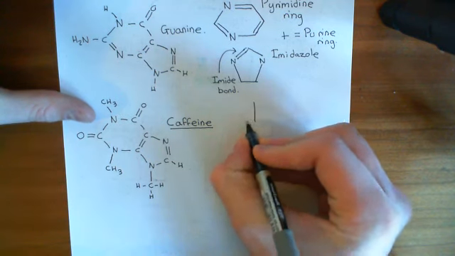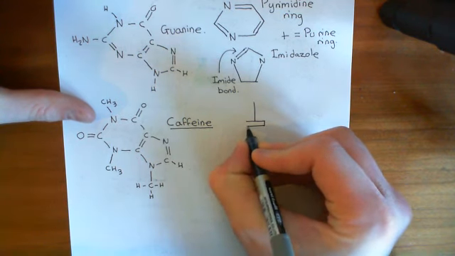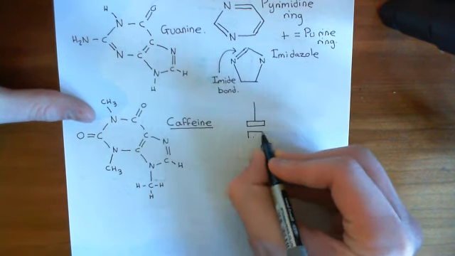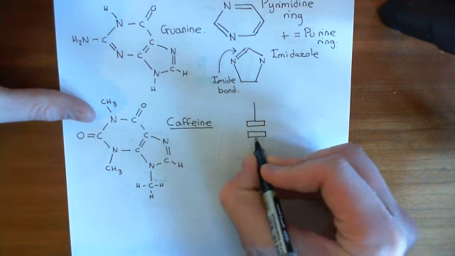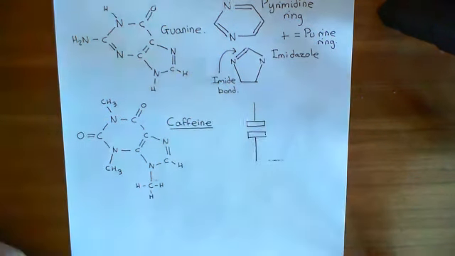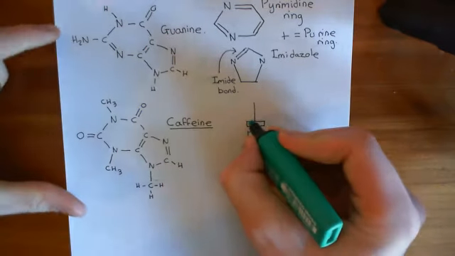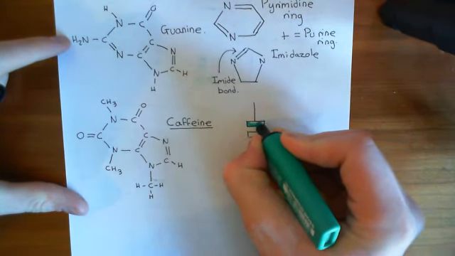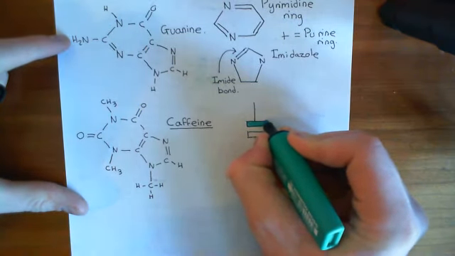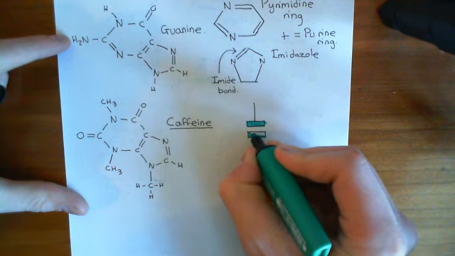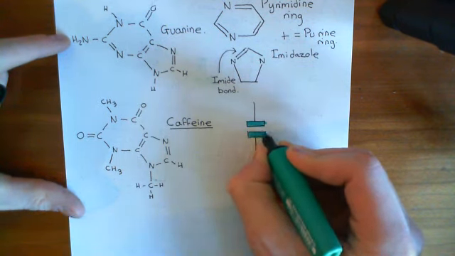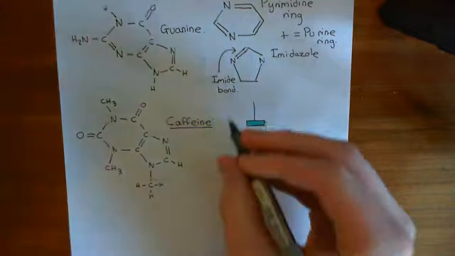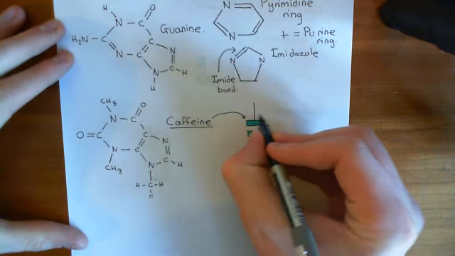So let me show this here. So caffeine is going to come along and bind to our type 2 ryanodine receptor, which remember is this receptor sitting in the membrane of the sarcoplasmic reticulum, which allows calcium to come out of the sarcoplasmic reticulum and go into the cytoplasm of the cell. So caffeine is going to come and bind to our type 2 ryanodine receptor.